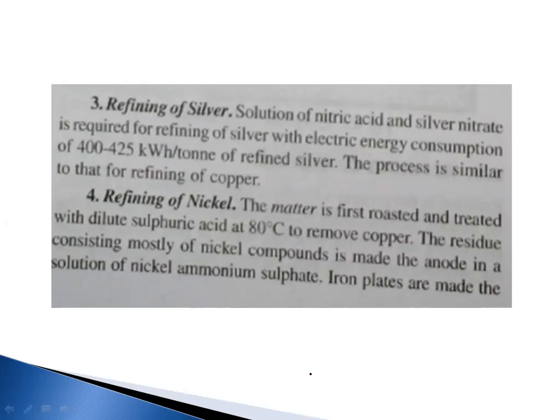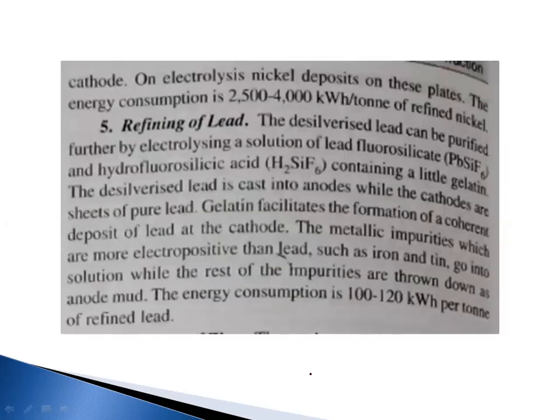Iron plates are made the cathode, and on electrolysis nickel deposits on the plates. The energy consumption is 2500 to 4000 kilowatt hour per ton of the refined nickel.